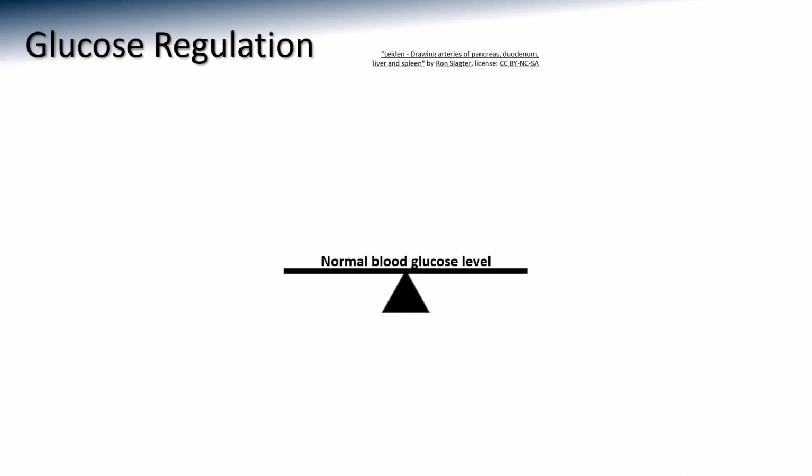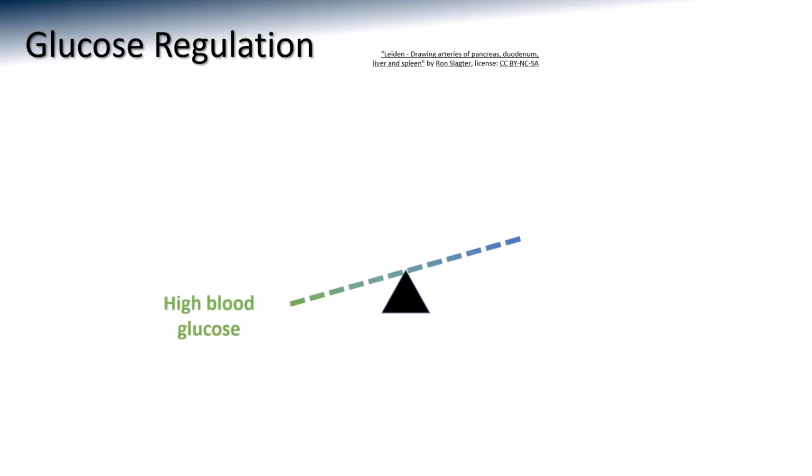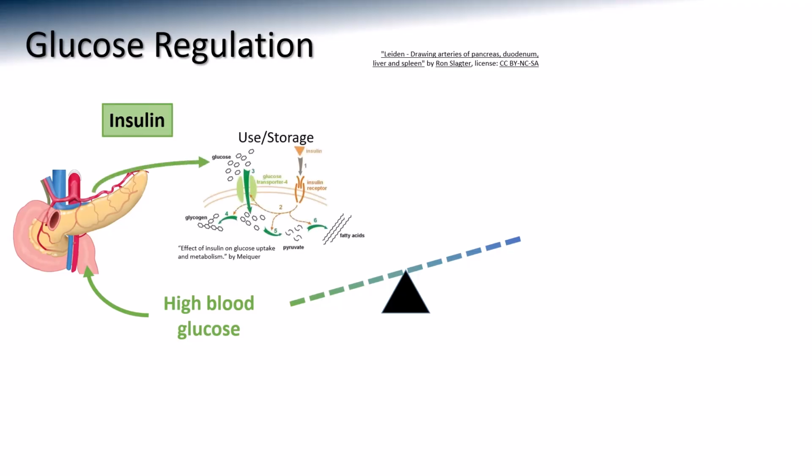All right. So we've got all the players named, and now let's see how they play ball. We're going to start off with normal blood glucose level, everything nice and balanced. And then let's pretend that we ate a big meal and, oh no, now our blood glucose is high. But not to worry, our pancreas will handle it. It's monitoring our glucose levels, and it is going to release, in this instance, insulin.